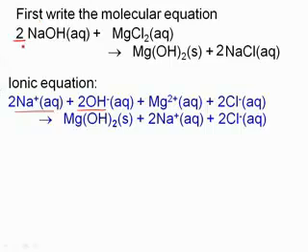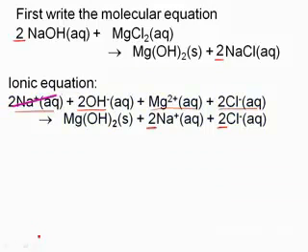So from this I got 2 sodium ions and 2 hydroxide ions. Magnesium chloride, also strong and soluble. The magnesium hydroxide is a precipitate, so it stays as it is. And then sodium chloride, strong and soluble. Again, we had a 2 in front of it, and so that 2 gets carried into our ionic equation.